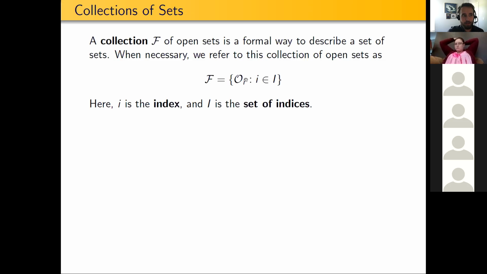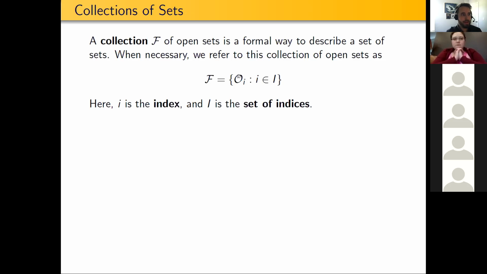We organized all of the indices, all of these i's, into some set of indices, and then the collection of all O sub i's such that i was an element of the set capital I formed our collection of open sets. And we saw a couple examples of collections of open sets.